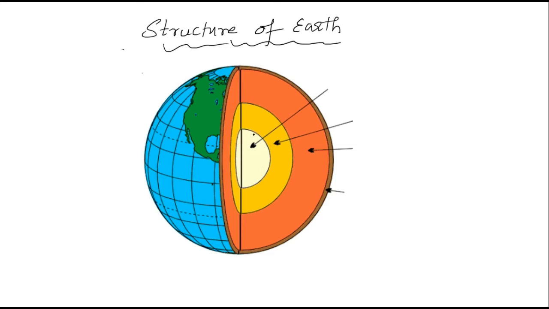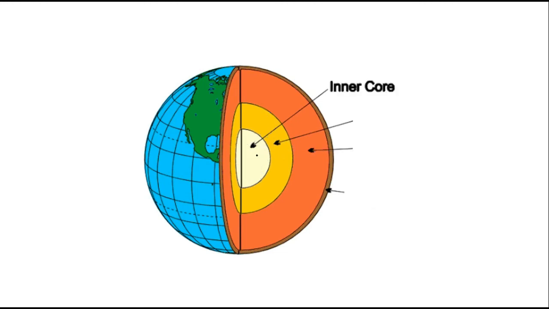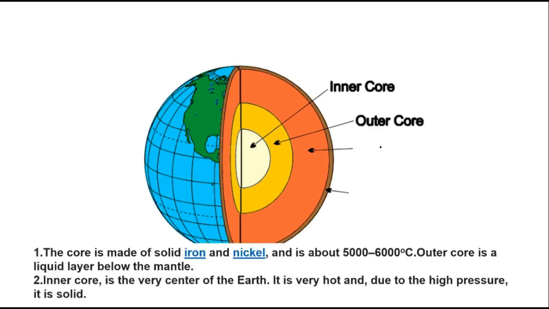What you watch here, this particular portion, is a core, and even this is a core, but we'll call this an inner core and this one an outer core. Both together are called the core. The first one, in the white color background, is the inner core, and the next one is the outer core, right? So the core is in the center of the earth.